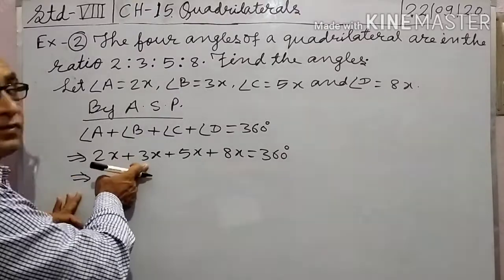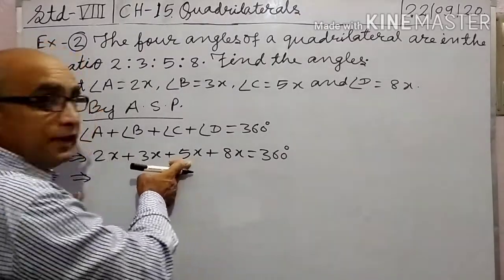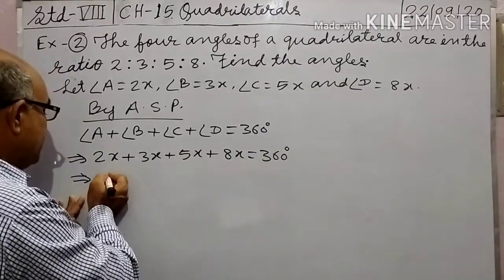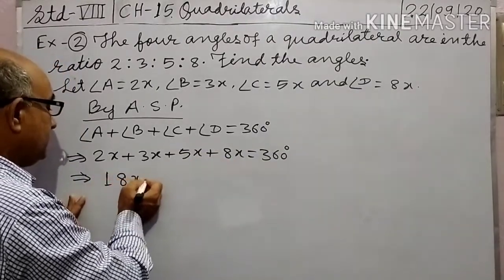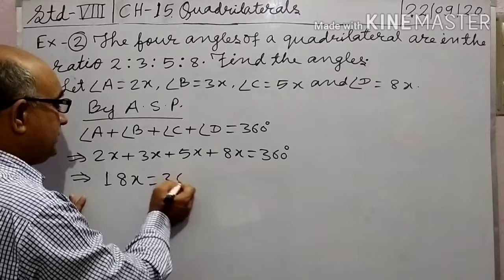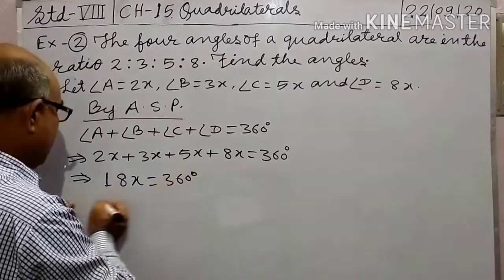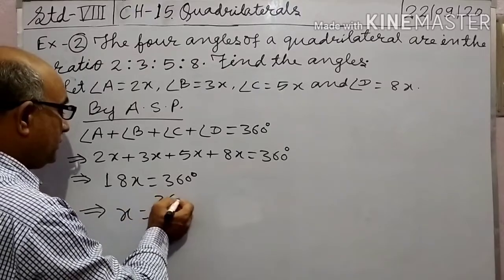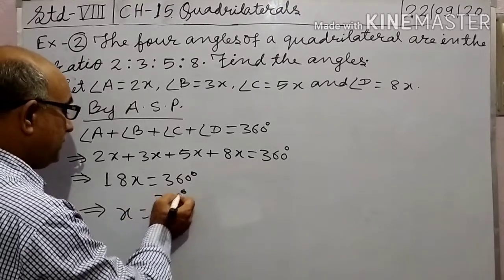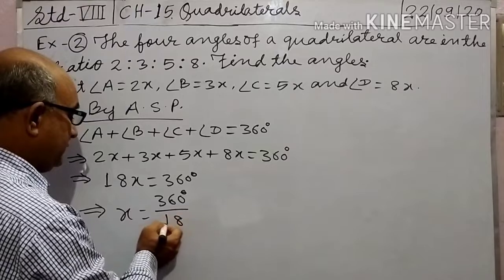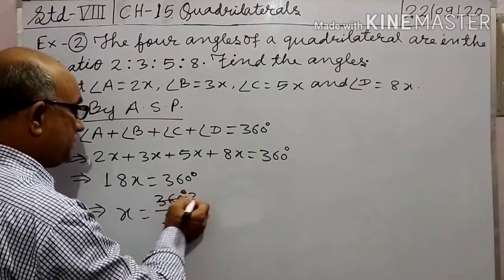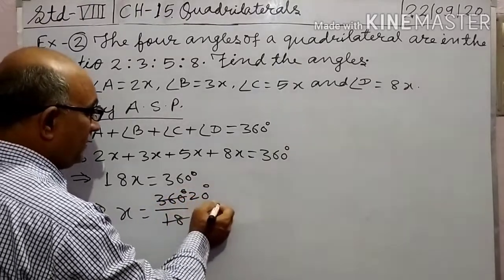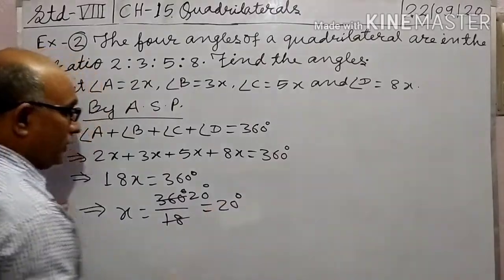Now 2x plus 3x plus 5x is 10x, and 10x plus 8x equals 18x. 18x equals 360 degrees, that implies x equals 360 degrees by 18, which is 20 degrees. The value of x is 20 degrees.